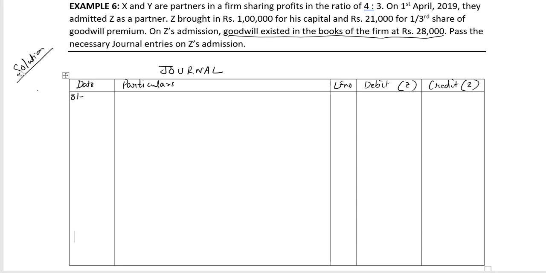So the date of admission of the partner is 1st April 2019. So X capital account, we are assuming the fluctuating capital method. Debit, Y capital account debit, to goodwill account.